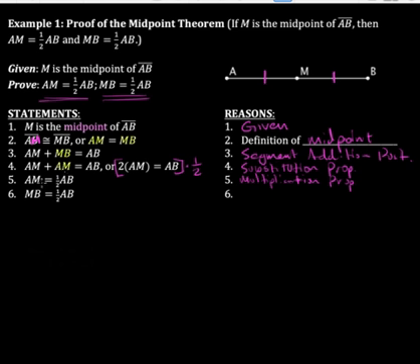Now from statement 5 to 6, we changed the AM back to an MB, again using the substitution property. So there you have it. That's a proof of how, given that M is the midpoint of a segment, each half of that segment is half the length of the entire segment. So we just proved a midpoint theorem.